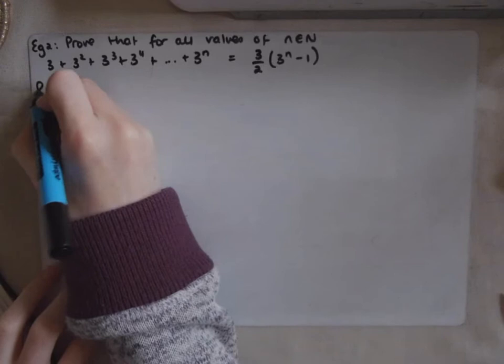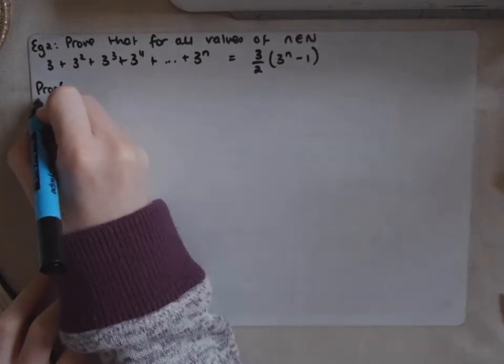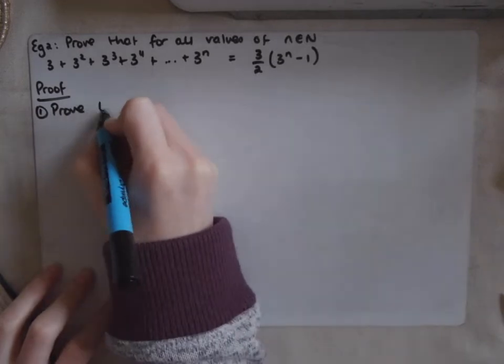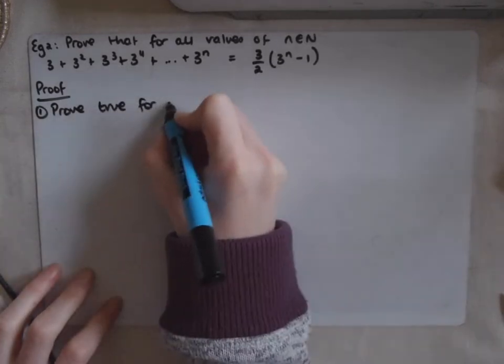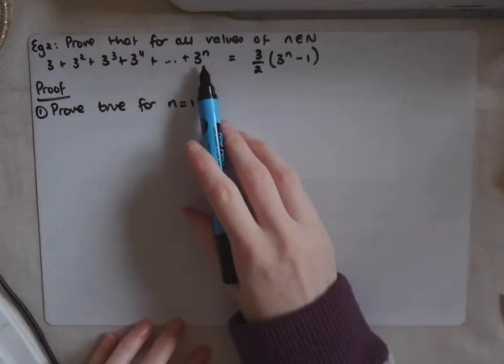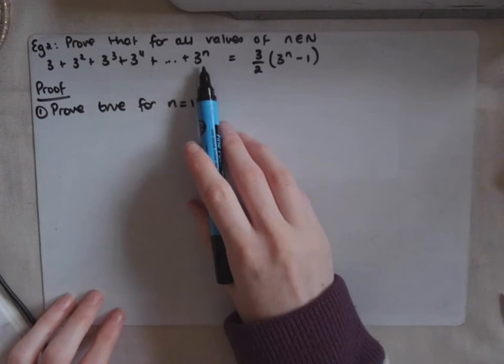So our proof. Prove true for n is equal to 1. If n is going to be equal to 1, it's just 3 to the power of 1 on the left.